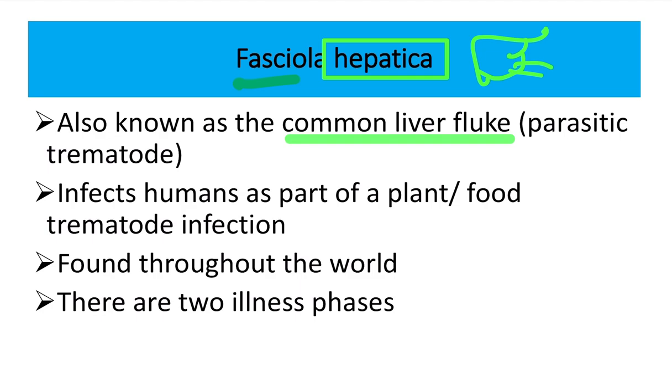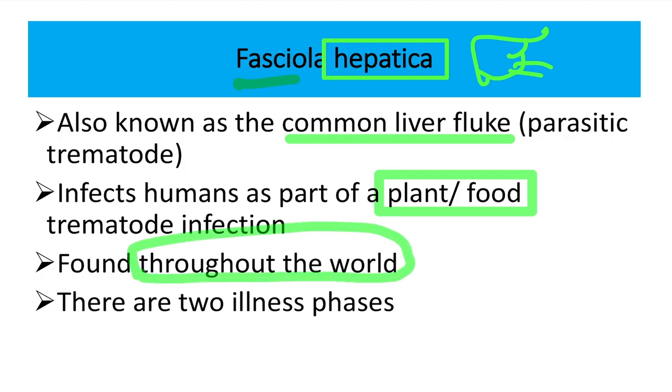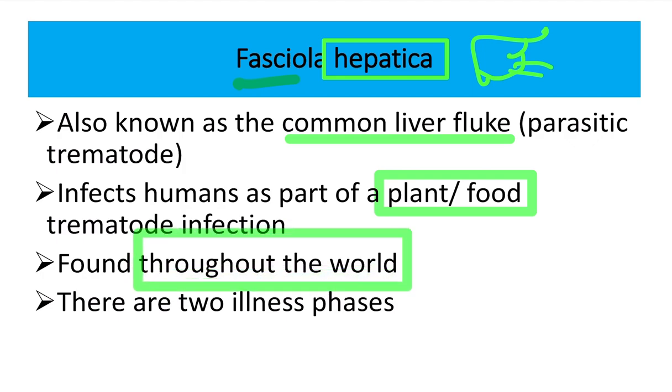It infects humans as a part of plant and food-borne infection. That means it is spread by plants or food, and we know this farmer is a water cress farmer. It is found throughout the world, so it can infect any area of the world.